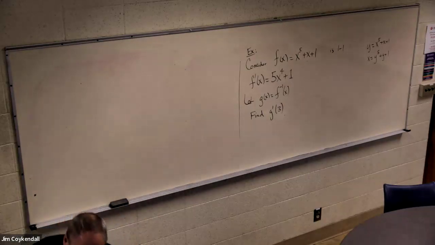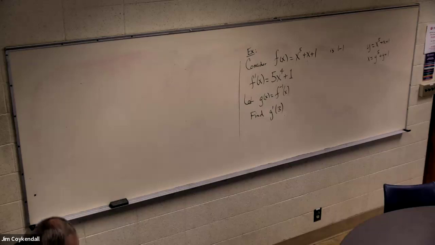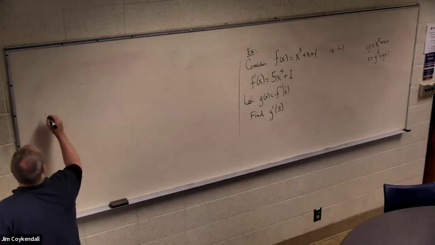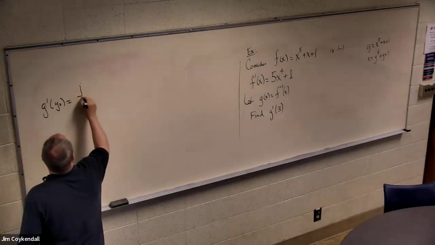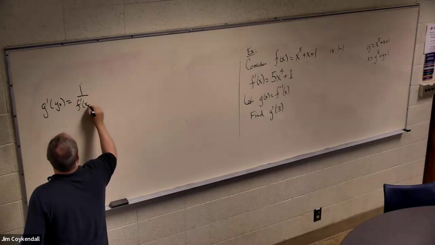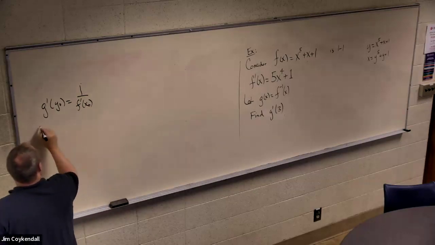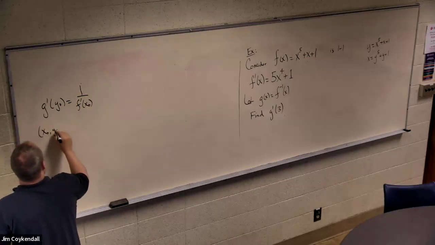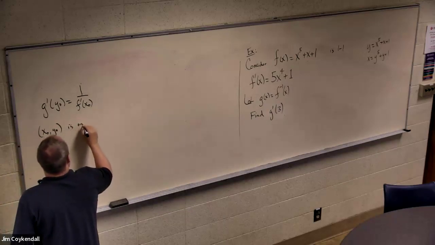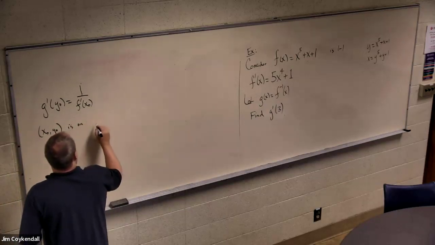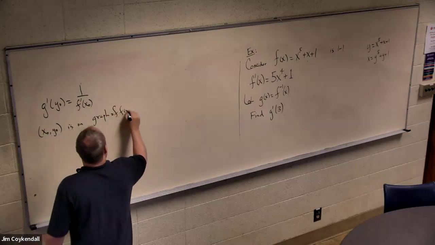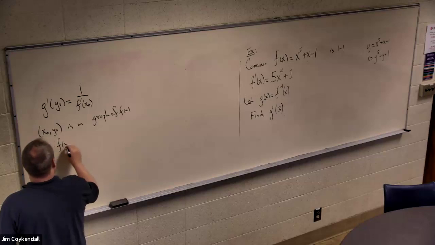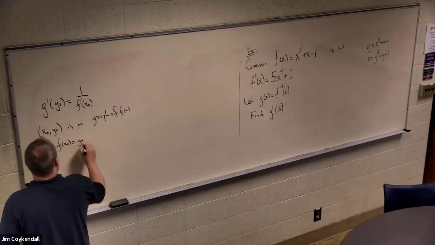So if we use this previous theorem, basically g prime of y0 is 1 over f prime of x0, where (x0, y0) is on the graph of f, that is to say f of x0 is y0.